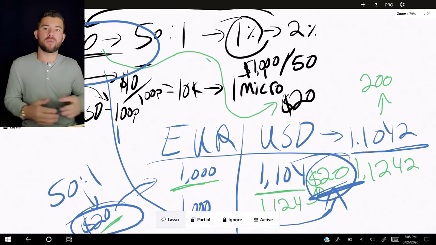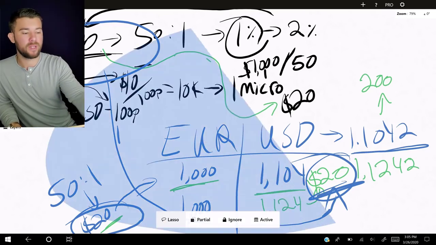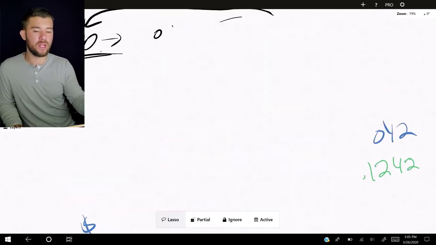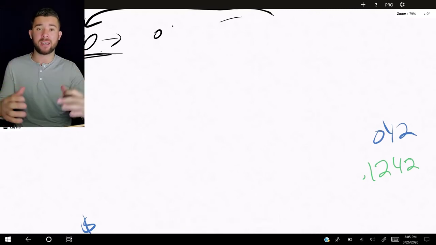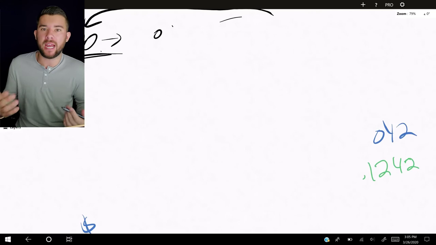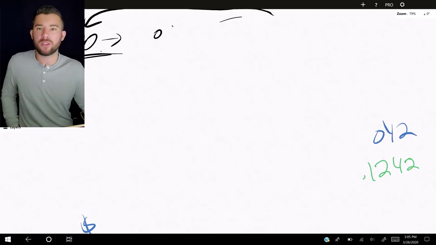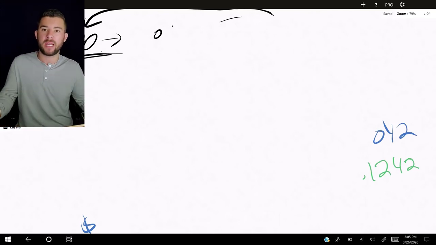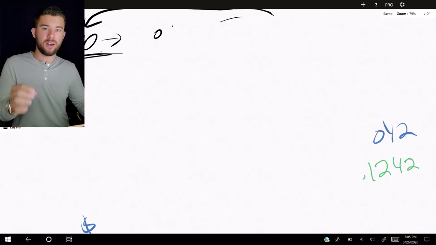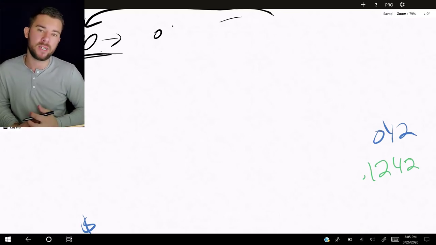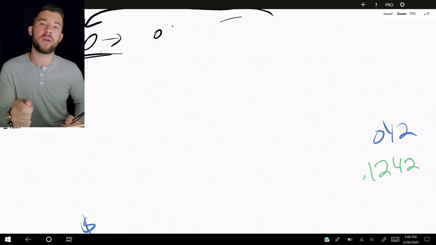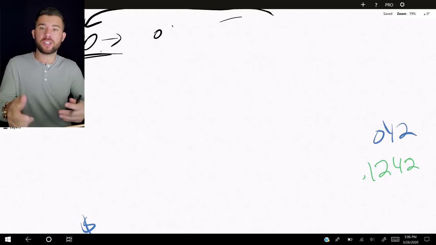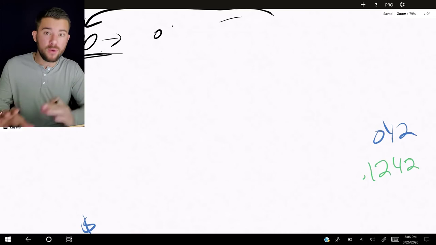So what does leverage really allow us to do? In a nutshell, if you use leverage correctly, it's not going to allow you to trade with this massive size and risk all this money and essentially gamble. It doesn't allow you to get rich in 3 days. It doesn't allow you to triple your account this week. Leverage allows you to be in more trades at one time and to put an initial deposit down of a small amount in order to purchase a larger position when you have a stop loss.